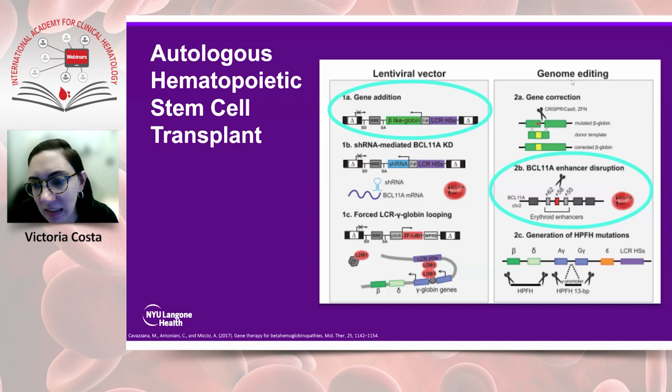And then the second is through genome editing, so they can go in and edit. Commonly they will disrupt the BCL11A enhancer, that's usually involved in suppressing hemoglobin F, so they can disrupt it and actually lead to the enhancement of hemoglobin F, which is protective against sickling.